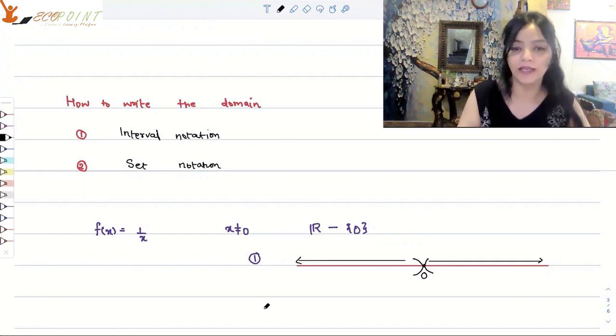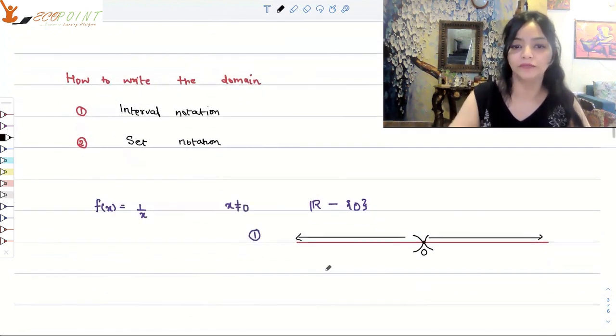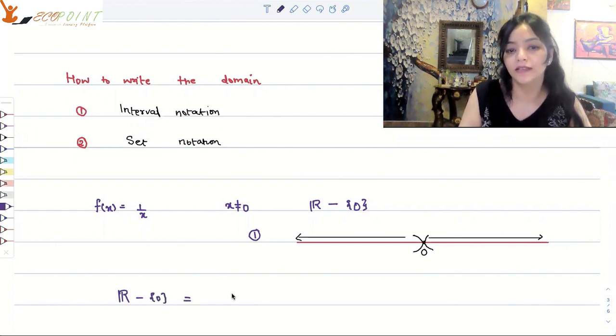So we can write the entire real line minus 0 in terms of intervals as minus infinity to 0, open interval, that means 0 is not included, union with open 0 to infinity, that means again 0 is not included.